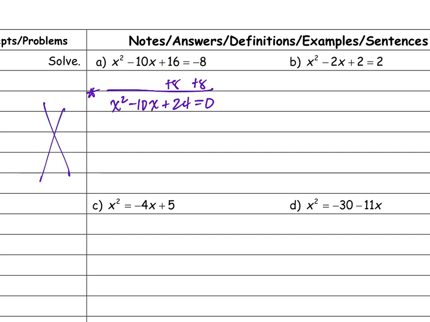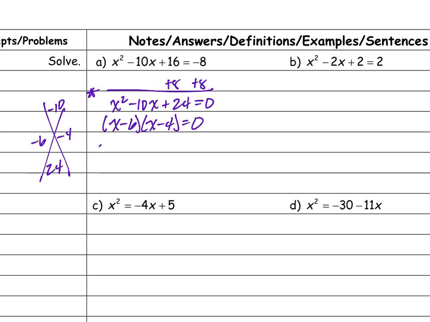So I need 2 numbers that multiply to be 24 and add to be negative 10. And I think that's negative 6 and negative 4. So that factors to x minus 6 times x minus 4, and that equals 0.